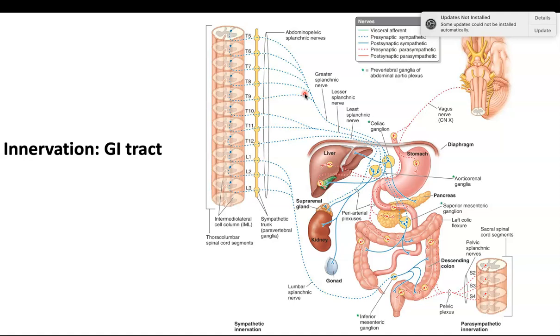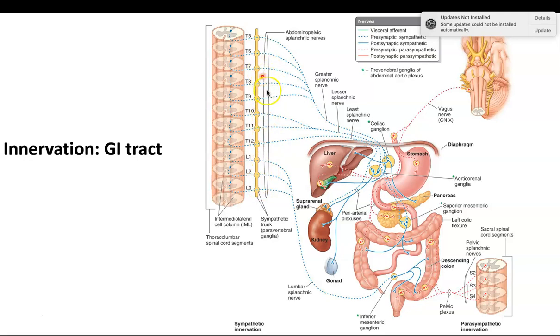But remember, as a whole, the sympathetic is involved in fight and flight. During fight and flight, you need sympathetic innervation, and during rest and digest, you need the parasympathetic nervous system. The sympathetic nerves come from the T5 segment to L3 segments.